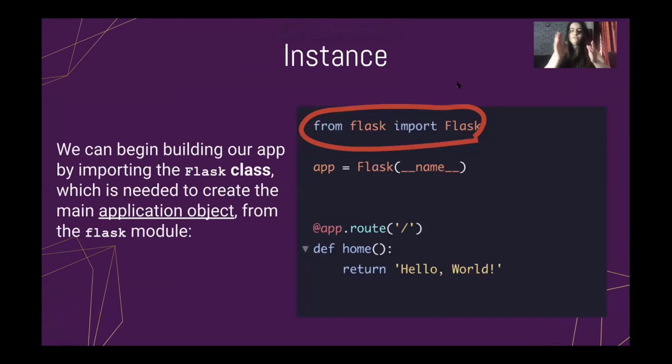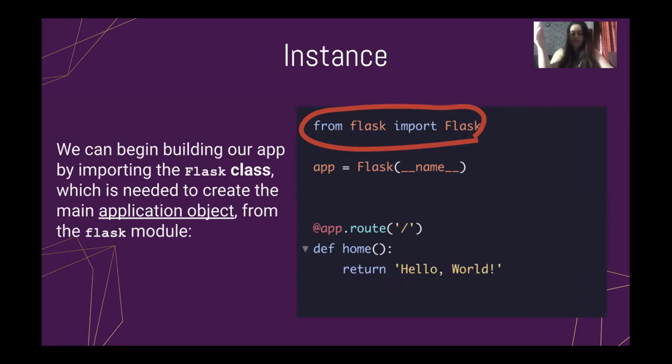The first thing that we do is we build our app by importing the Flask class, which is obviously needed to actually create our application. We always used import before, but now that we know what classes are, let's think about it this way.